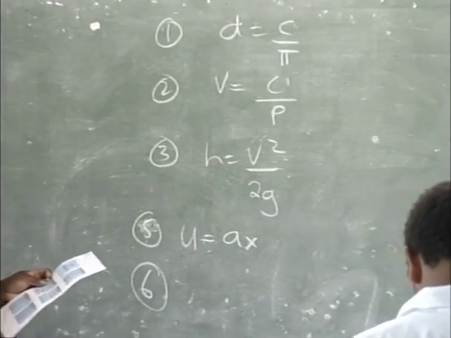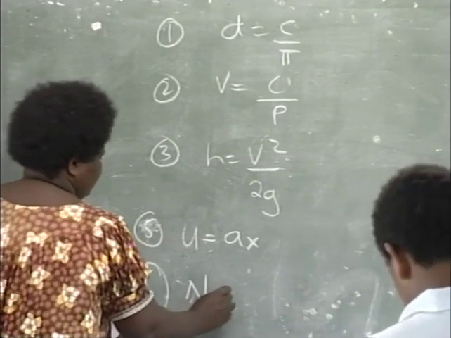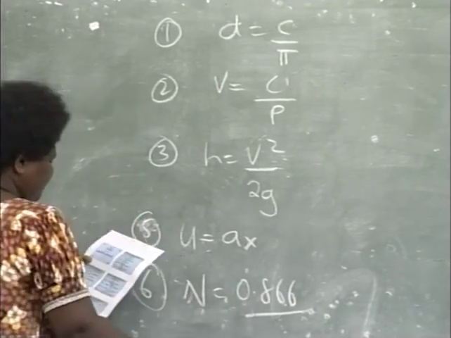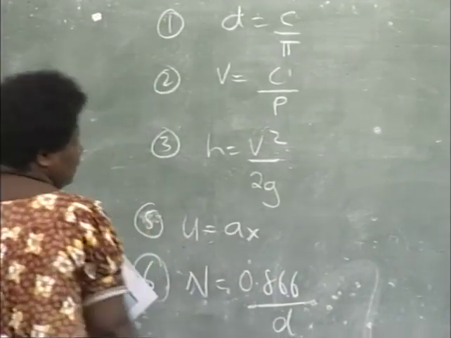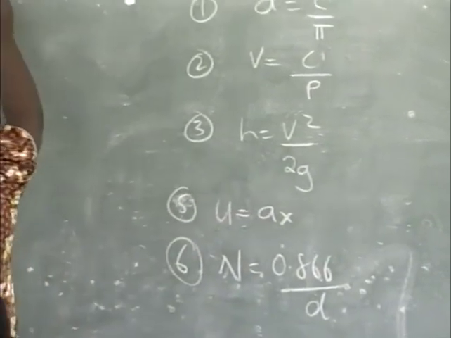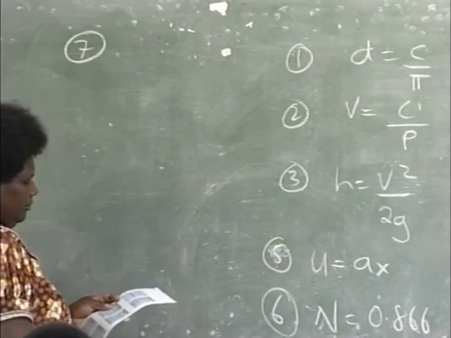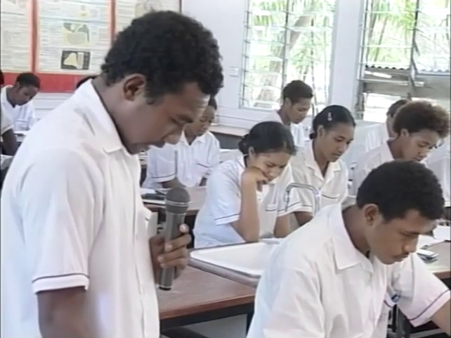N equals 0.866 over D. Number 7, Tau. L equals H times 33,000 over PAN.